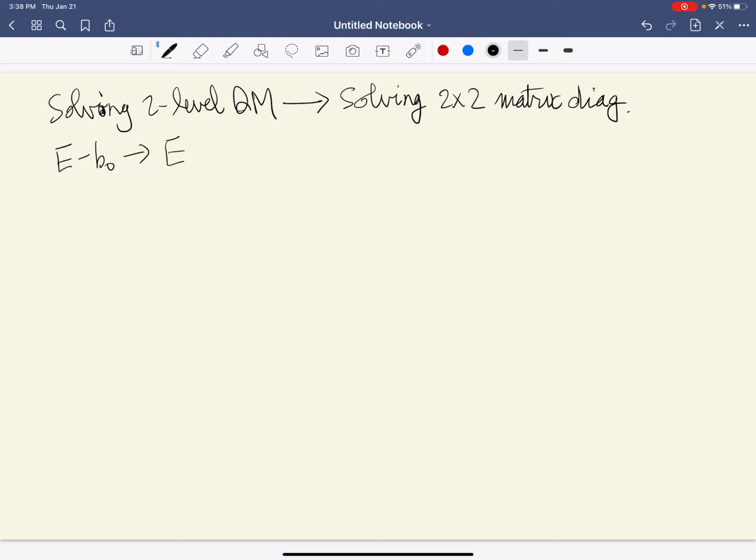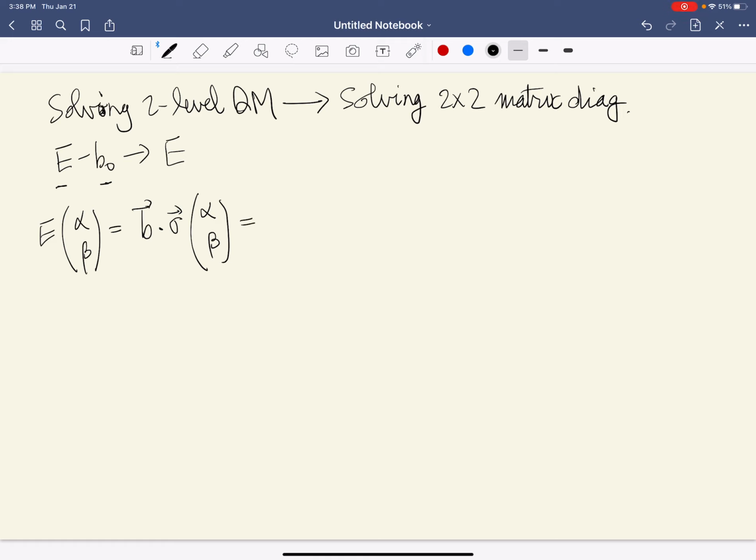So I'm going to absorb the B0 into this factor called energy by a simple redefinition, and then by virtue of this redefinition, the two-level Schrödinger equation problem becomes simply that of diagonalizing this sort of 2x2 matrix. Okay.